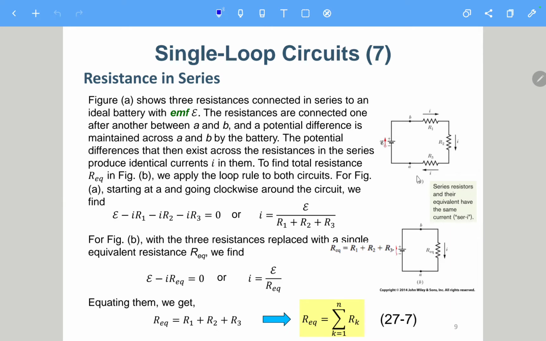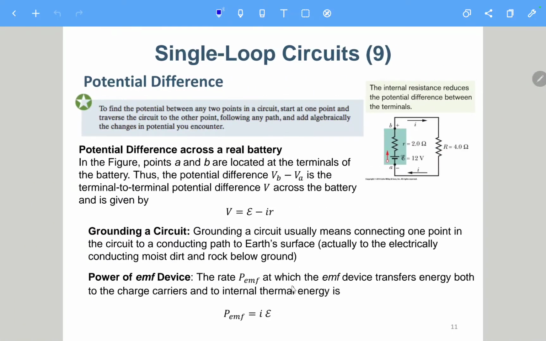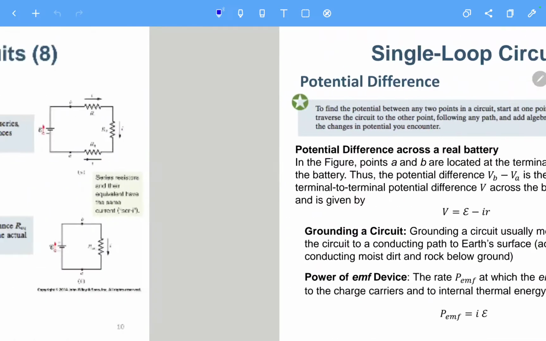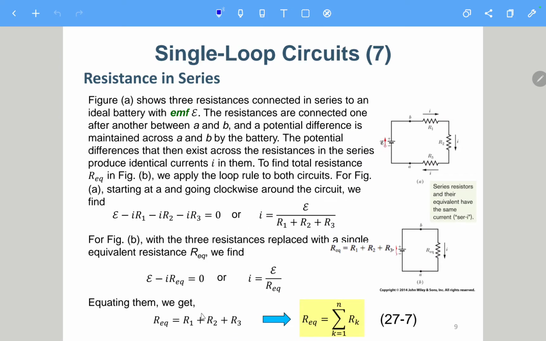Similarly, if we have resistors in series, we just add the resistances together. If we have parallel resistance, maybe later. Resistance in series is trivial, so I won't go through the procedure: R1 plus R2 plus R3 is the equivalent resistance.